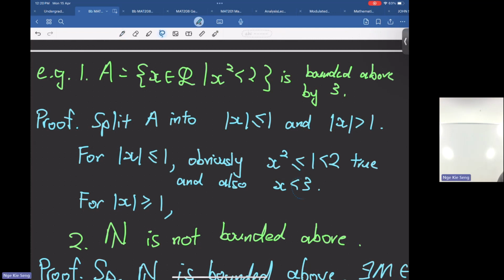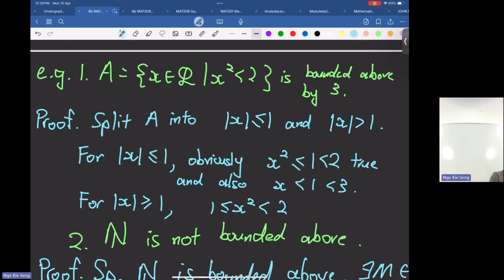Square both sides? You mean x squared greater than or equal to 1? But x squared is also less than 2, correct? Because x is in A.